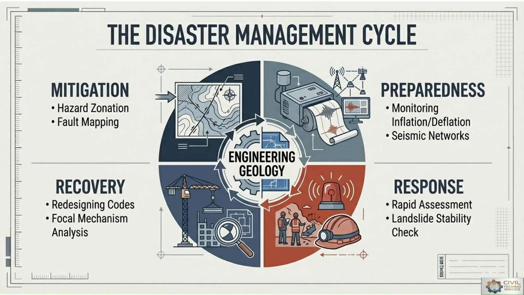Response explains activities such as rapid assessment during disasters. Recovery discusses measures including redesigning engineering codes and rebuilding infrastructure, or we can say reconstruction activities. Disaster management is a continuous process involving prevention, response and recovery.